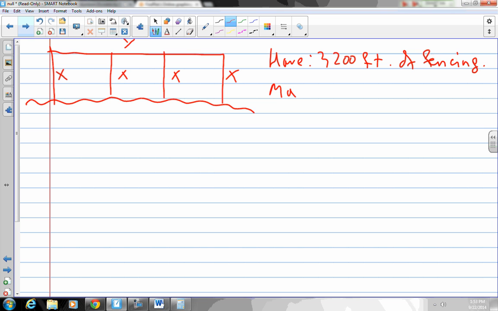So the question is, maximize the area, provided we're building a rectangular lot. Because technically you can build a bunch of ellipses, maybe they'll maximize the area, but let's keep it simple with rectangular lots. You realize that I can draw 2 different rectangles of the same perimeter, but they'll have different areas. Are you okay with that concept? If I do 10 by 20, what is the perimeter?